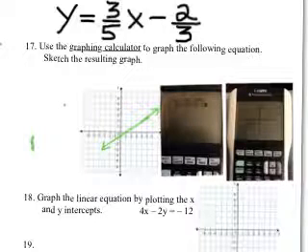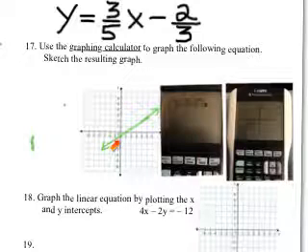I plotted the line. When you're trying to plot a line from the calculator, you may want to look back at your equation to see where the y-intercept is, which is negative 2/3, which is right here, and then count the slope out just to get your line in the right spot, because it doesn't always look the same on the graph as it does on the graphing calculator. It looks a little bit different, but you can see it's the same.